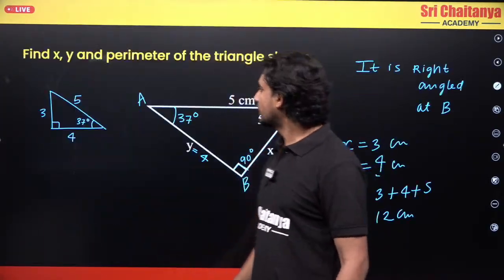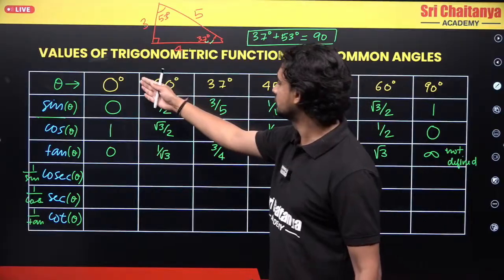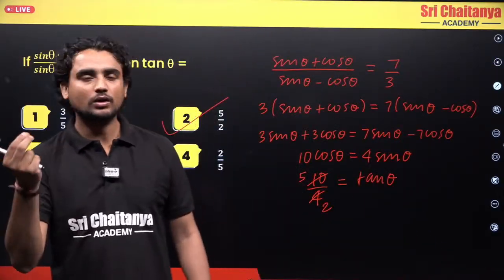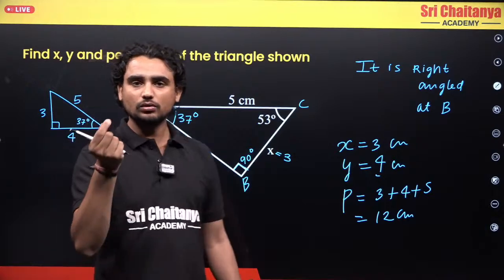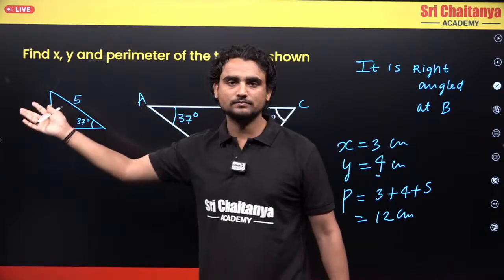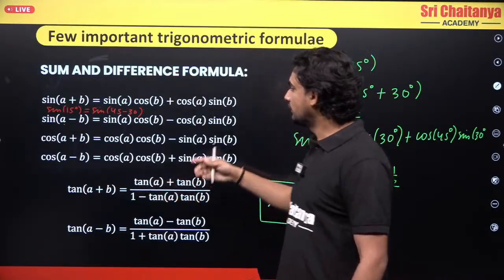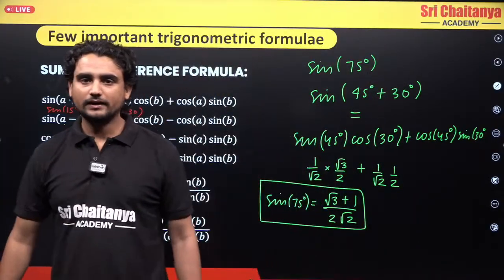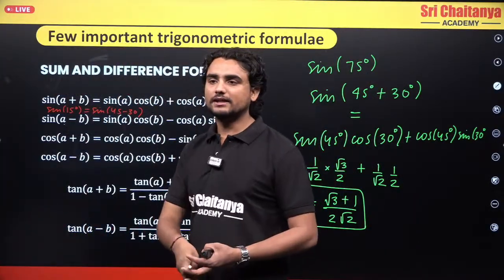And if you look in this table, there is no sine 15. So this is how you will be able to calculate the angles which you don't know. These are the standard angles. 15 is not a standard angle, 75 is not a standard angle. So now you should understand the importance.